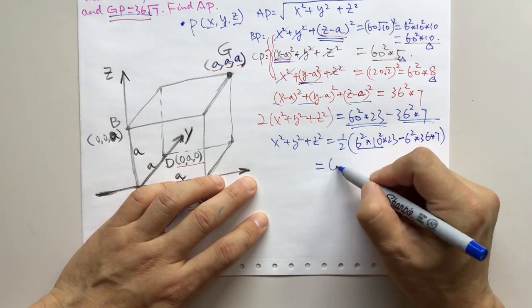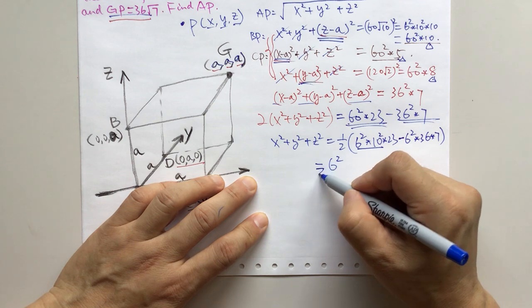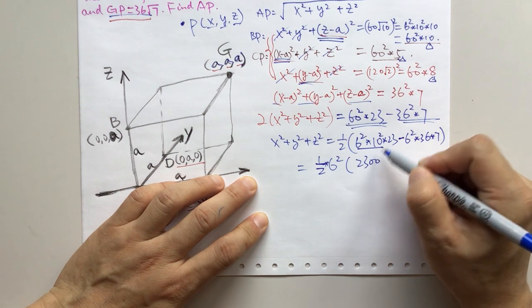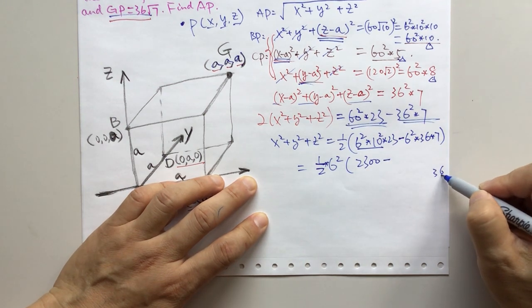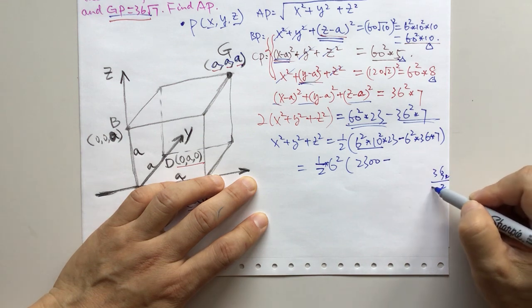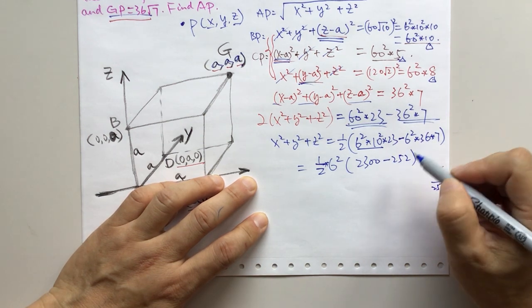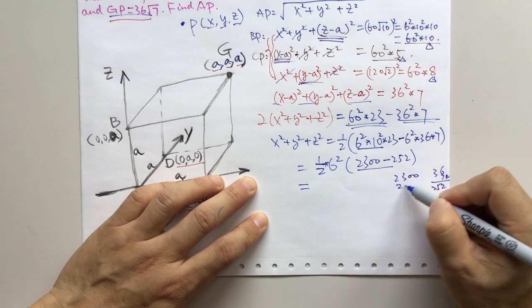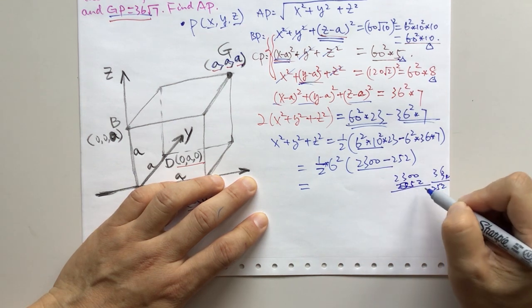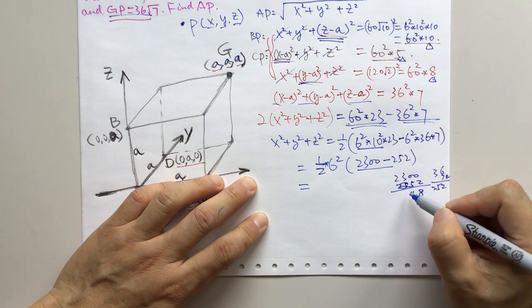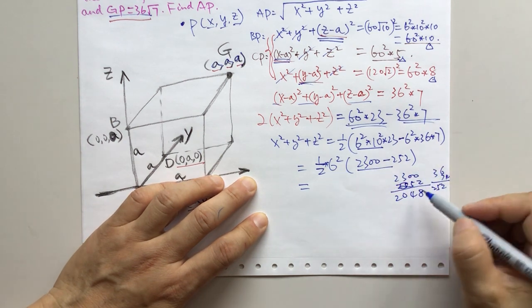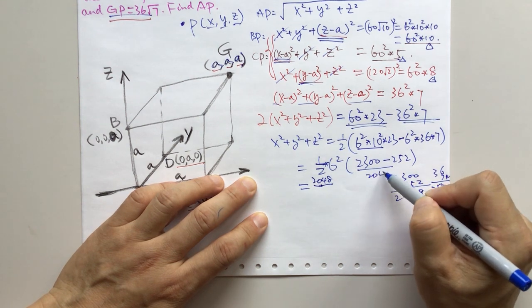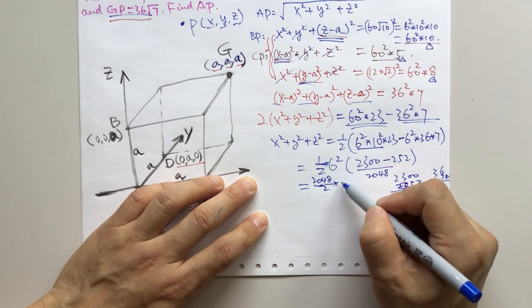So it's one half of 6 squared times (36 times 7), which is 252, and then 2048 over 2 times 6 squared.